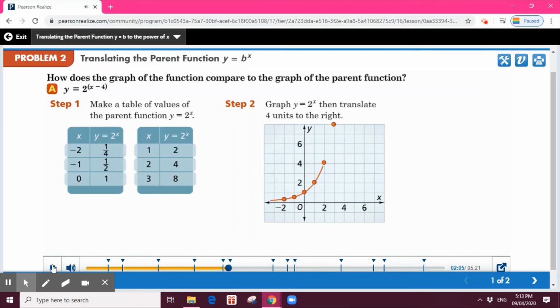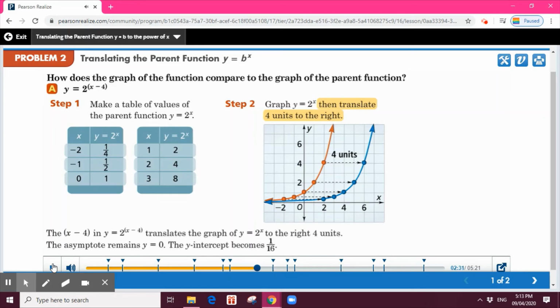You've now graphed the parent function y equals 2 to the x power. Now translate the graph 4 units to the right. You've now graphed the function y equals 2 to the power the quantity x minus 4.